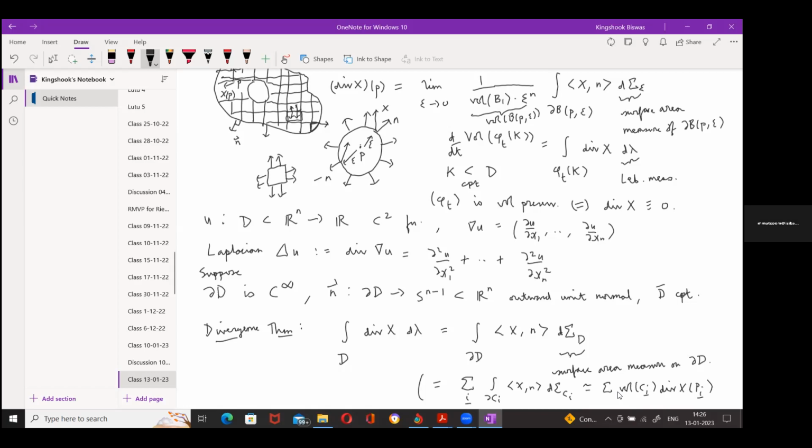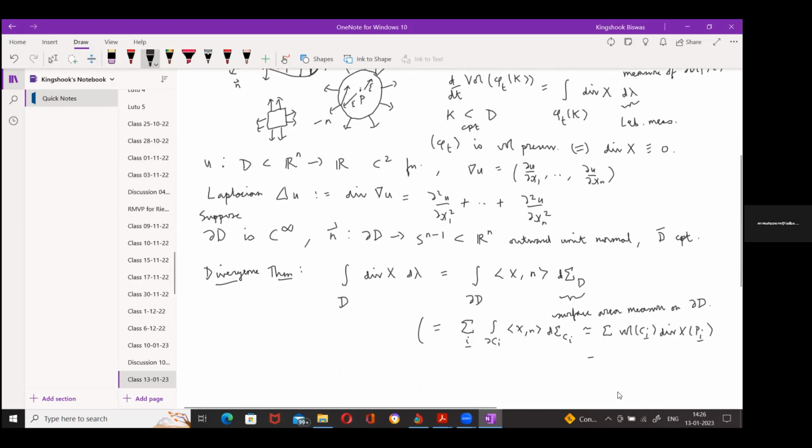Okay, and then when you pass to a limit, this sum over all the cubes will converge to the integral of the divergence over the domain. Okay, so that's roughly the idea of the divergence theorem. Does this make sense?